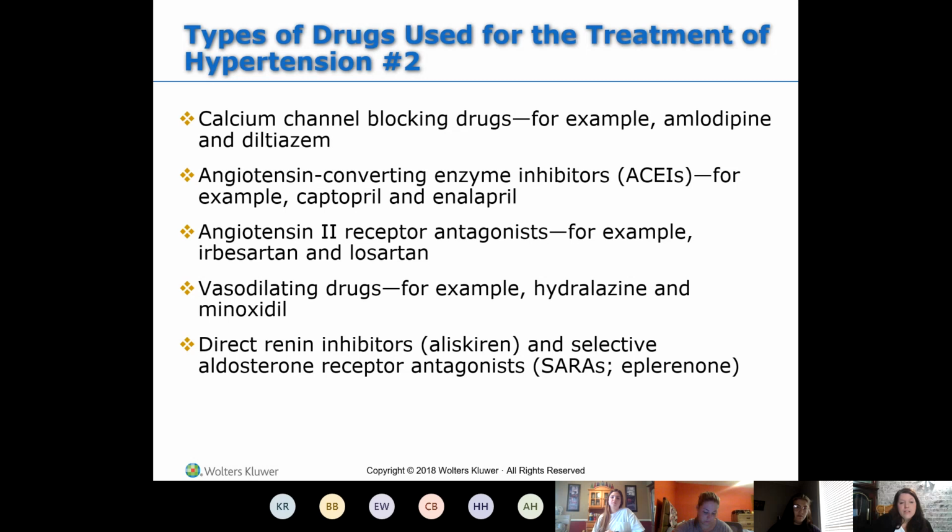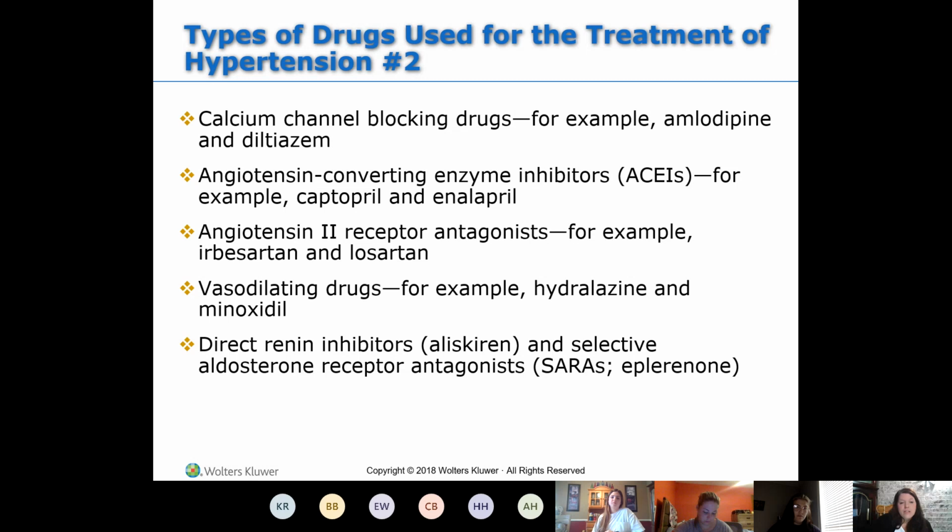Same thing, going to interfere at the end of the day with that normal response of RAAS in the body. Oh, look at there, I already have it for y'all. RAAS simplified. Renal blood flow is reduced, and kidney cells secrete renin into circulation. The liver produces angiotensinogen, which is converted into angiotensin 1.